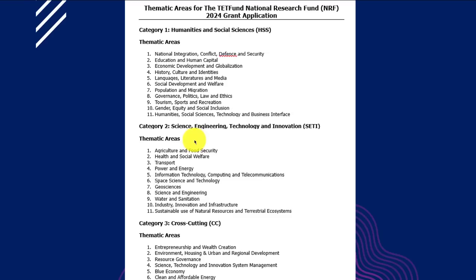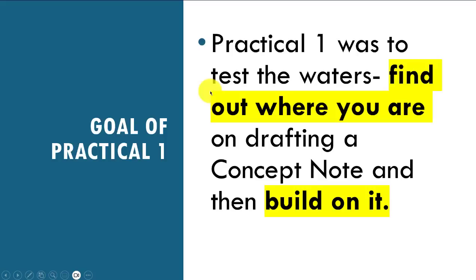Now let's look at the national one, the TETFund National Research Fund. It has these 3 categories and the thematic areas, which you are all familiar with. So what we gave you was practical 1. What is the goal?